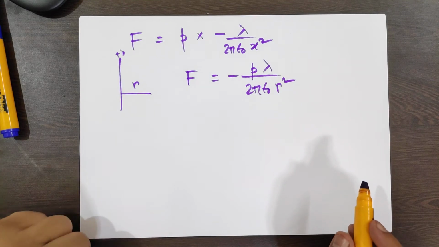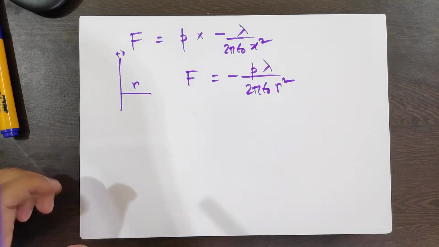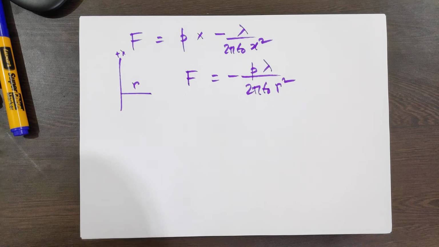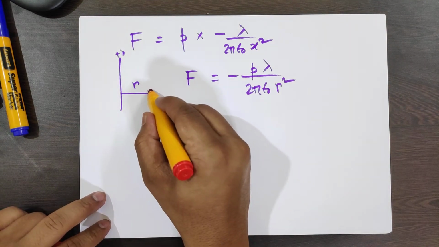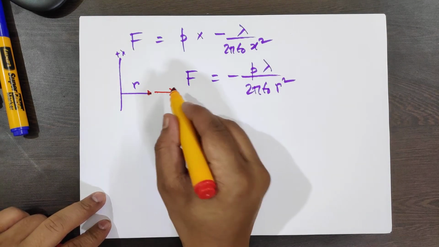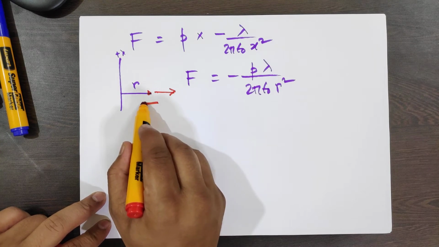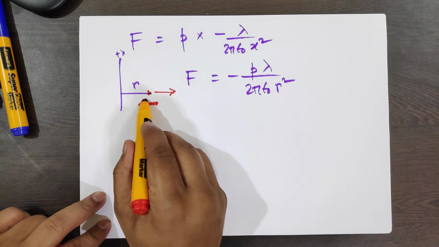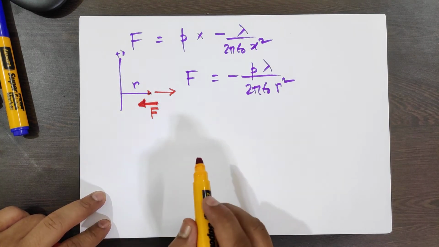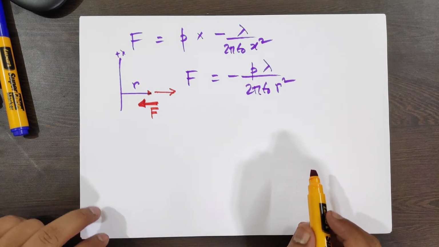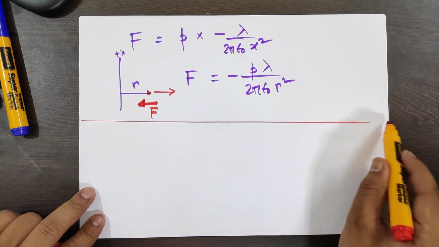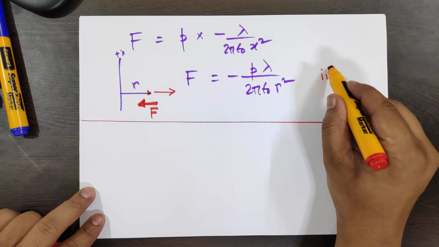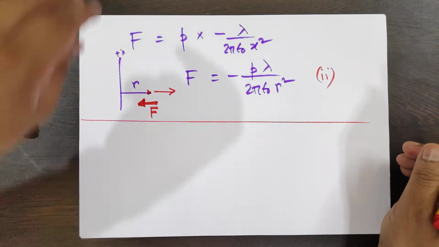Why this minus sign? Because we have assumed the coordinate r or x this way, so it shows that the force is attractive. So this is the direction of the force, that is why it came out to be minus. So this is the answer to the second case.